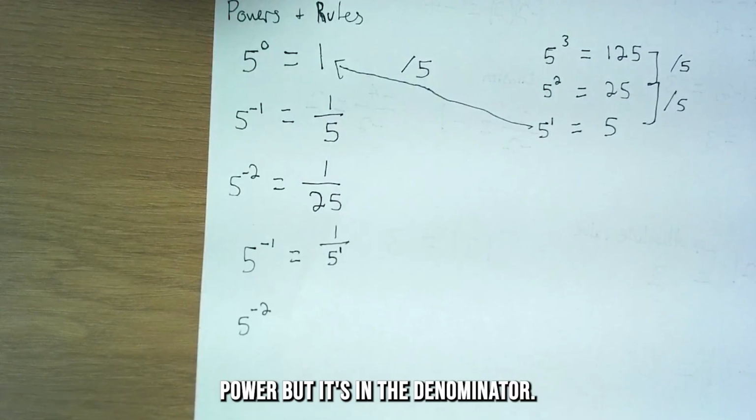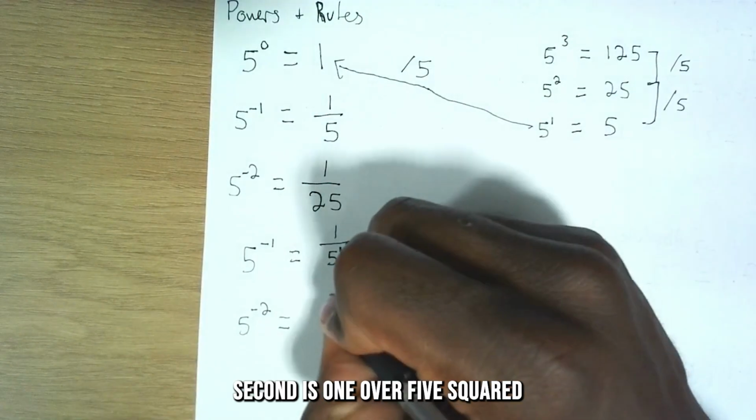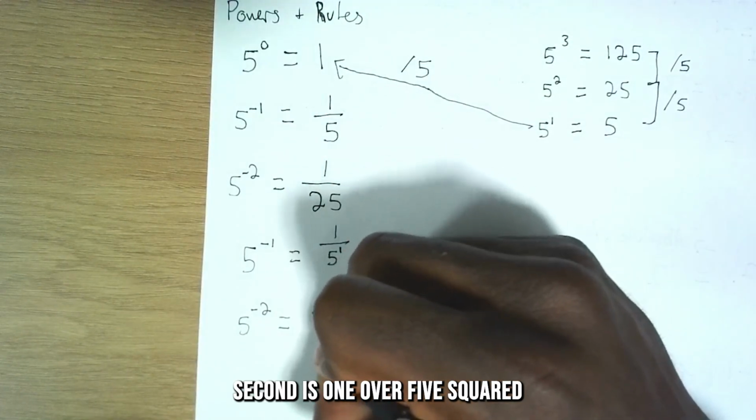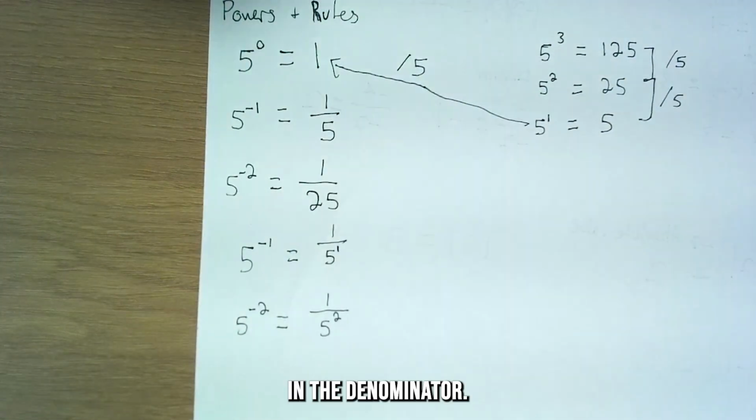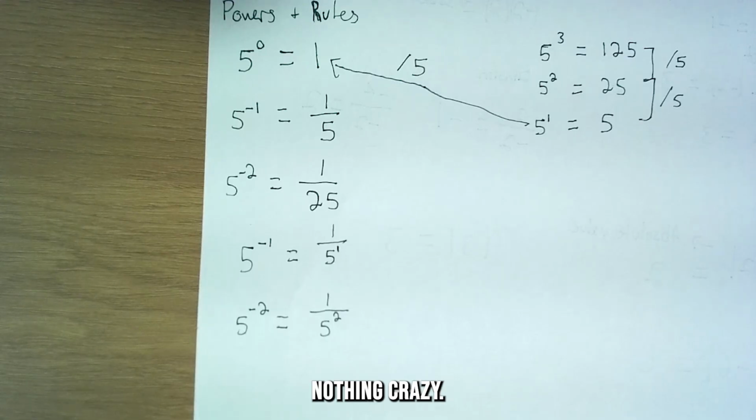It's to the first power, but it's in the denominator. Likewise, 5 to the negative second is 1 over 5 squared in the denominator. So it is literally taking the power and dividing it. That's all it is. Nothing crazy. And it becomes a fraction.